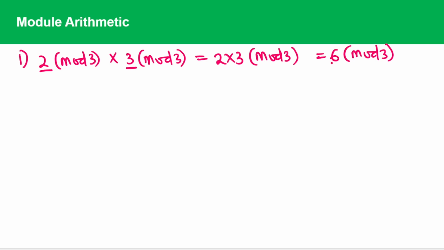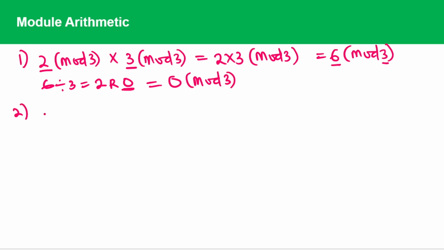Now what is 6 mod 3? If we simplify, 6 divided by 3 will give us 2 remainder 0. The remainder again is our answer. Therefore our answer is 0 mod 3.